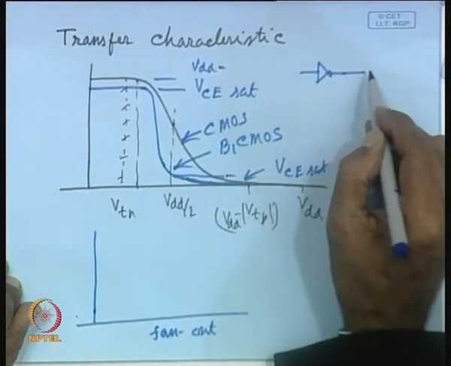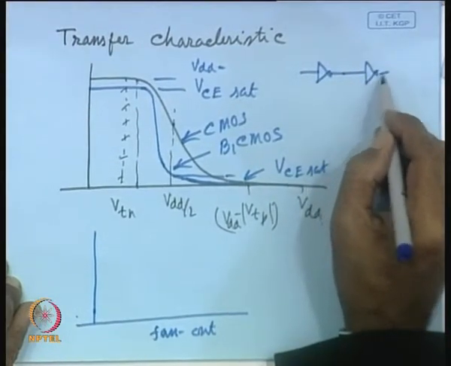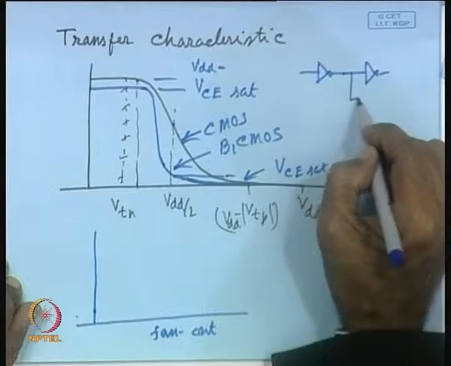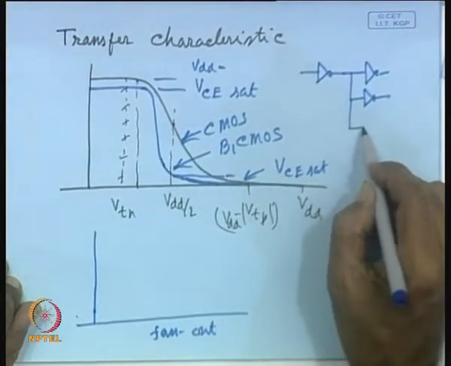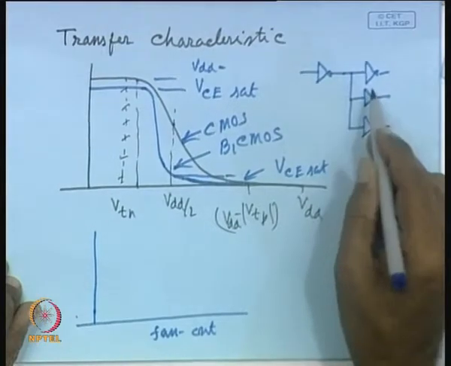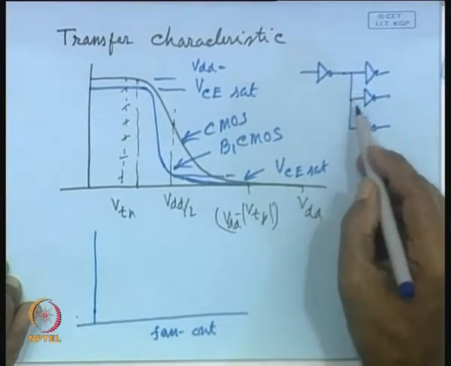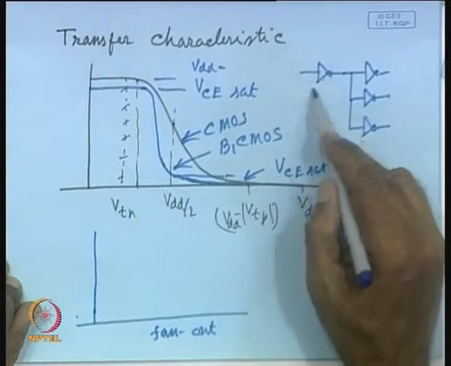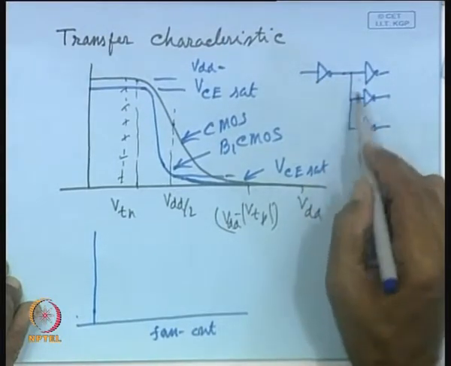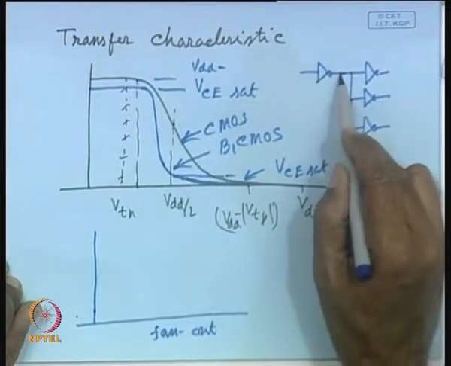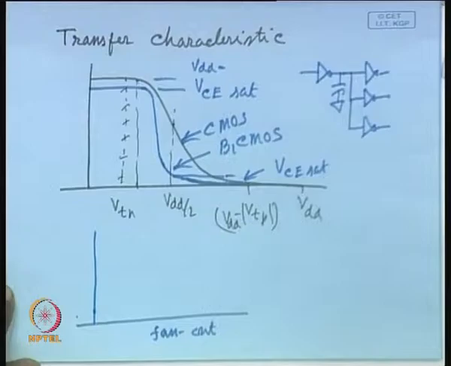If it drives only one gate, then fan out is 1. If it drives 2 gates, then fan out is 2. If it drives 3 gates, then fan out is 3, and so on. That means, as the fan out of this particular gate increases, the output capacitance also increases, because the load capacitance that it faces will keep on increasing.